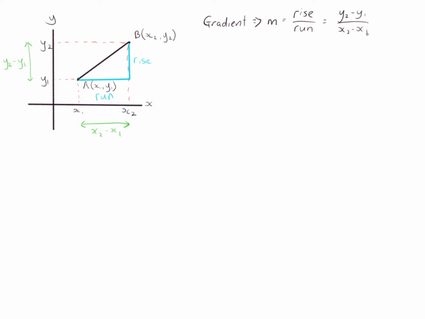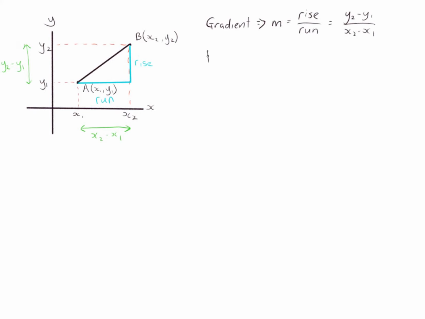The next thing we're reviewing is the distance. Because we have a right-angled triangle, we can use Pythagoras' theorem. Pythagoras' theorem tells us that the longest side of a triangle, the hypotenuse, is equal to the square root of the other 2 sides, squared and added together.